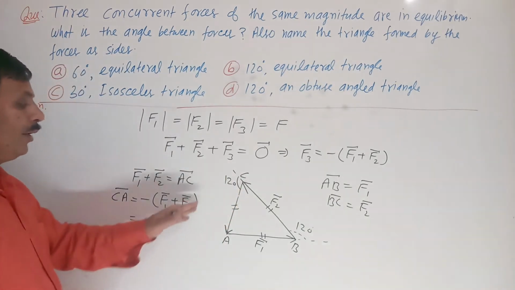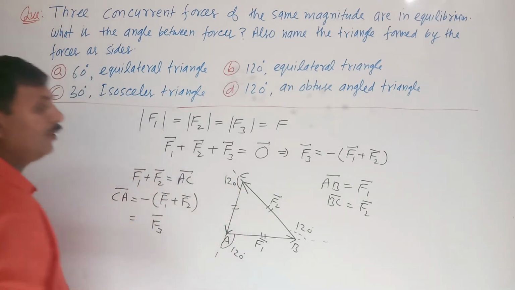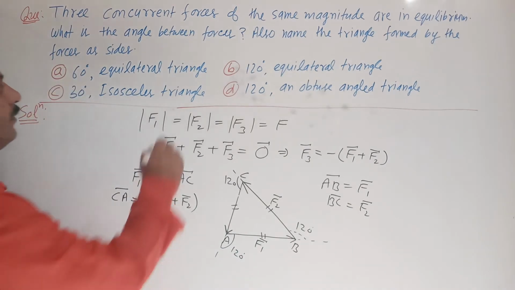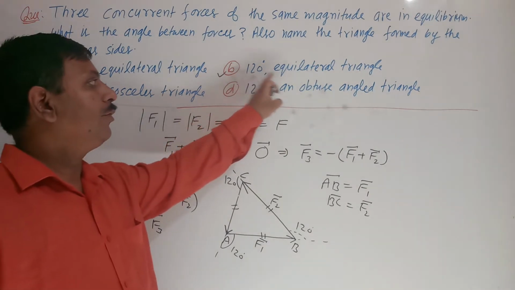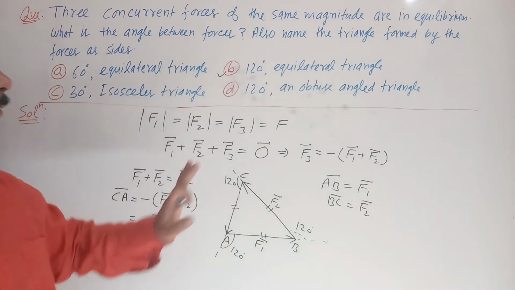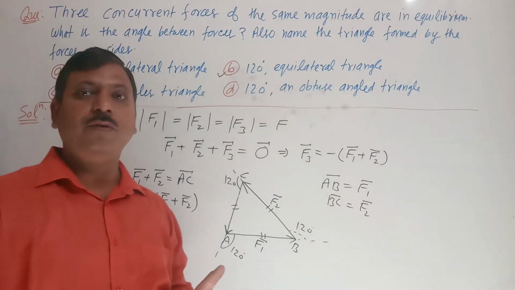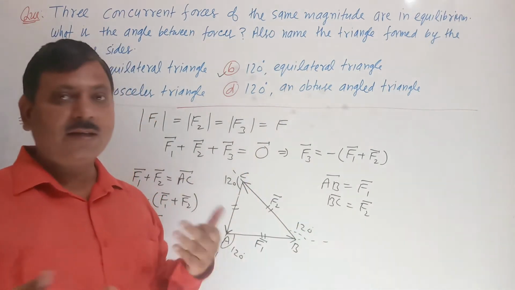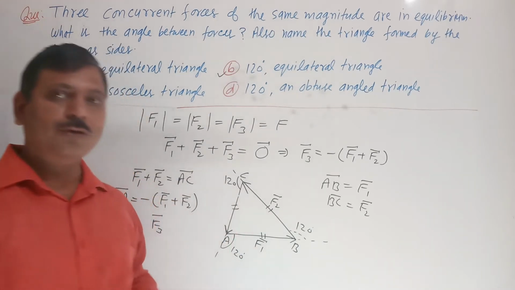The angle between them is, you can see here, 120 degrees. Here also you can see the angle between them is 120 degrees. So here you can see which option is correct: 120 and equilateral triangle. Remember, if three vectors have the same magnitude and their resultant is 0, then 100% they will form a closed polygon.